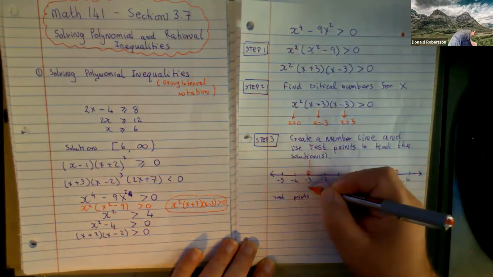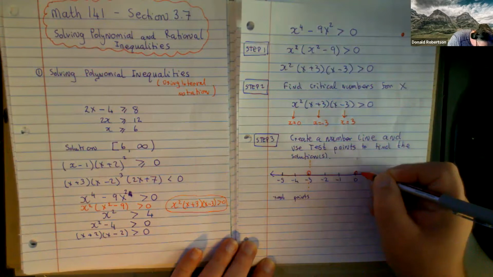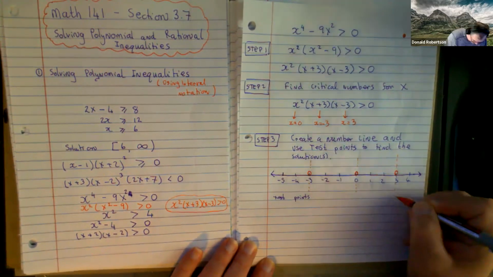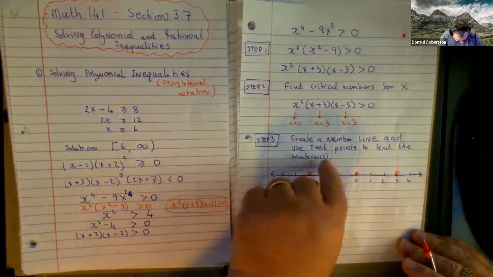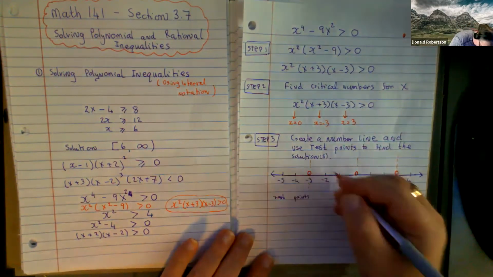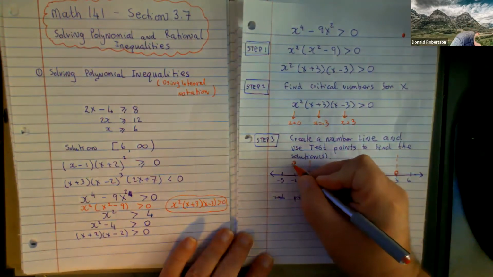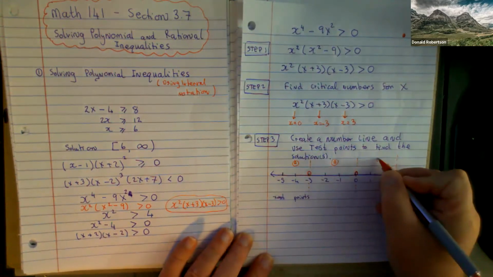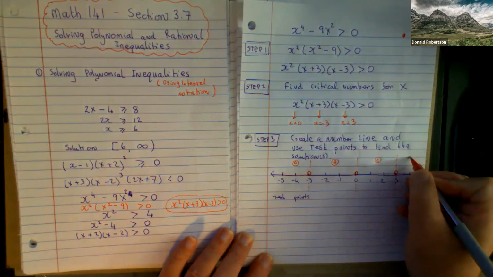And what we've essentially done is broken the number line into 4 regions, right? 1, 2, 3, 4. I guess I'll call them letters of the alphabet. There's region A, here is region B, here is region C, and finally here is region D.